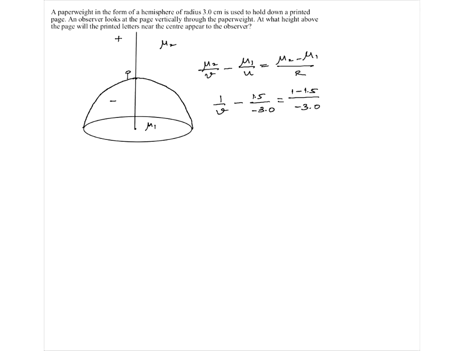If you are getting v equal to -3, then it means it is the very same place. Exactly the same place.